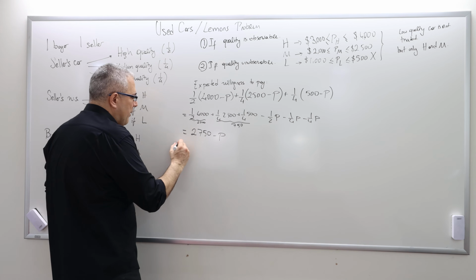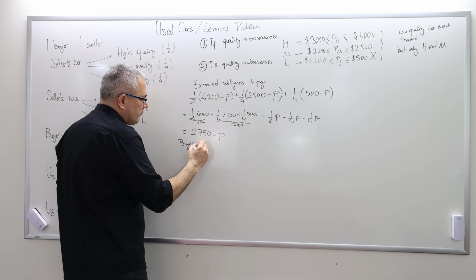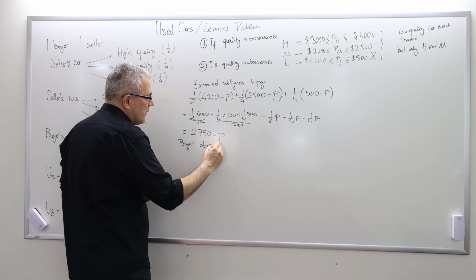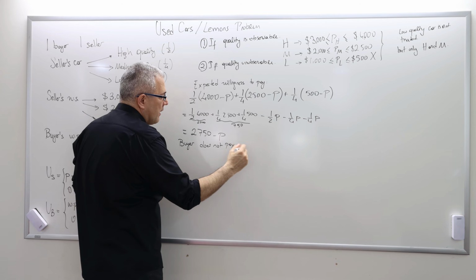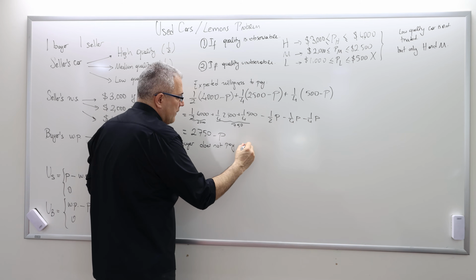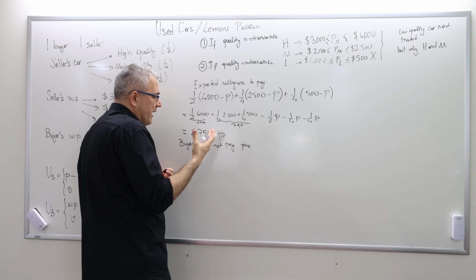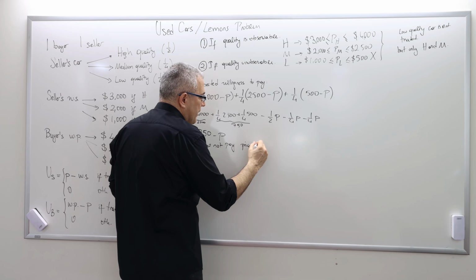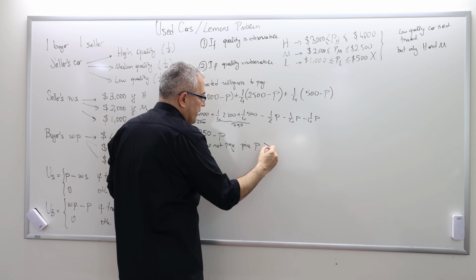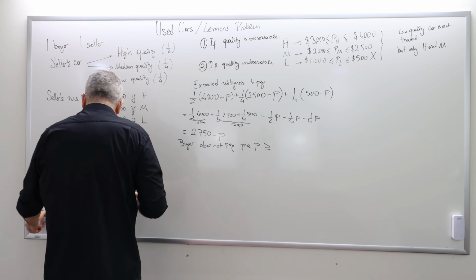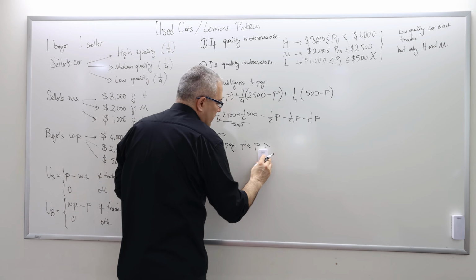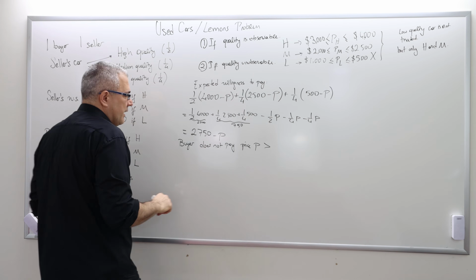That means the buyer does not accept price P if P is greater than $2,750. If it is equal, he's going to be indifferent between accepting and not accepting.